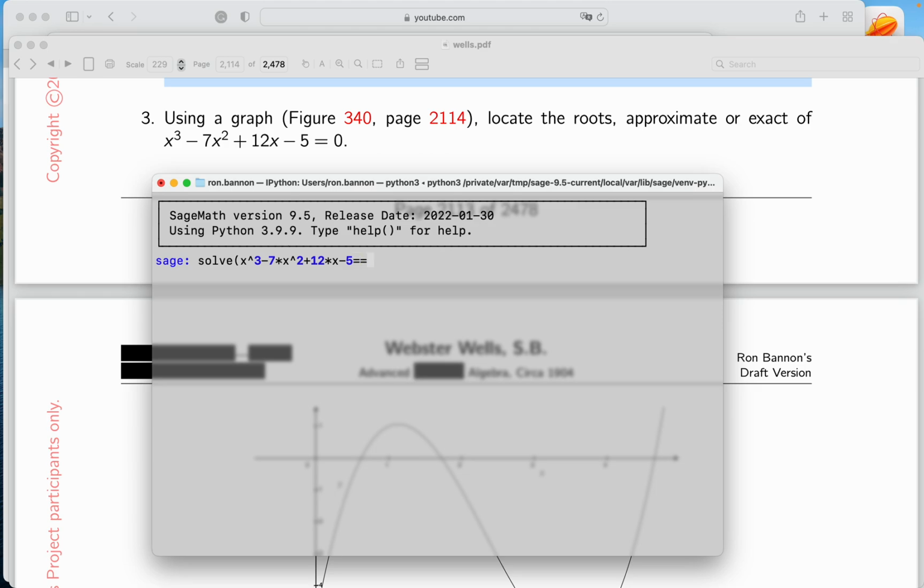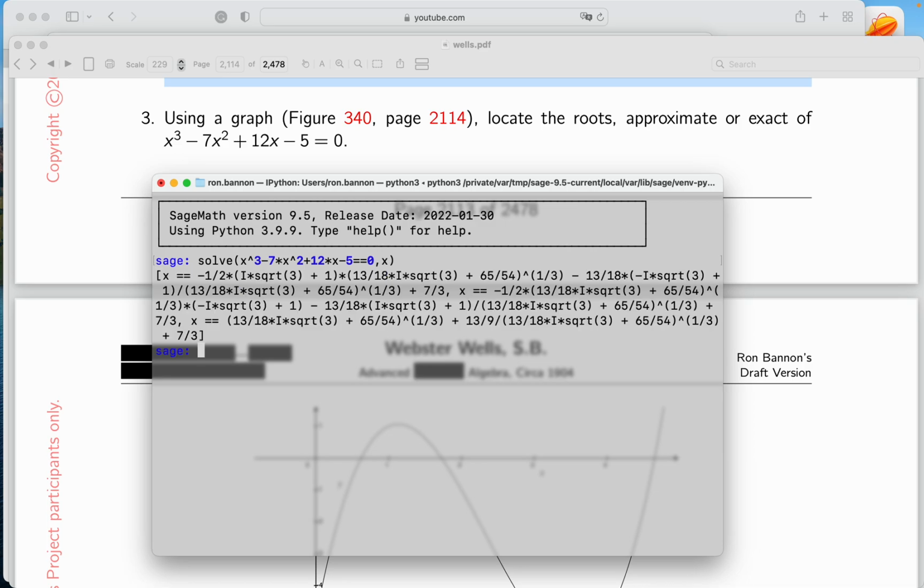The double equal sign indicates it's an equation equals 0. I want to solve for x. I'm expecting to see 3 solutions, by the way. Okay, it solved it. Now, someone says, I don't understand that, and you're right. A lot of students don't understand what's being given back to me. I'll be honest, it's a little odd looking to me.